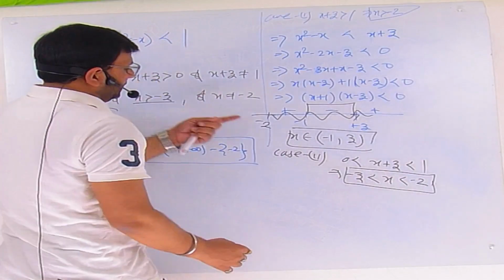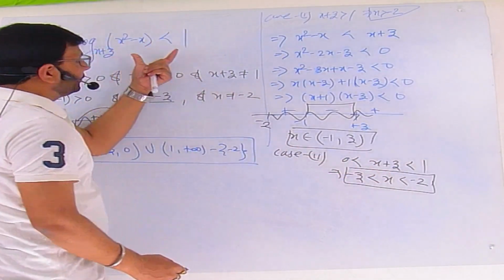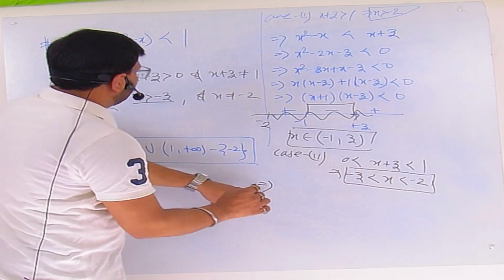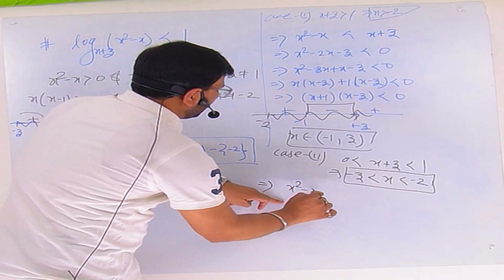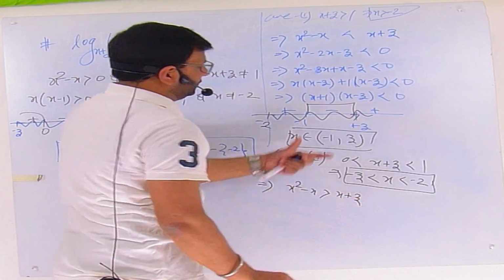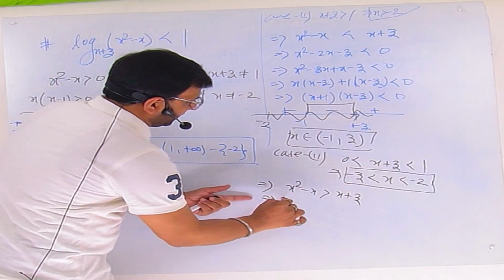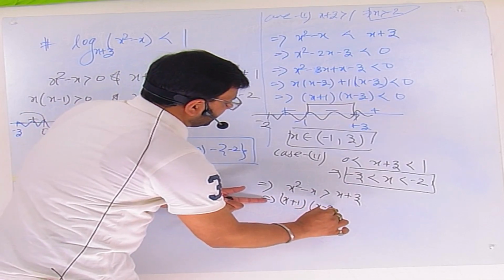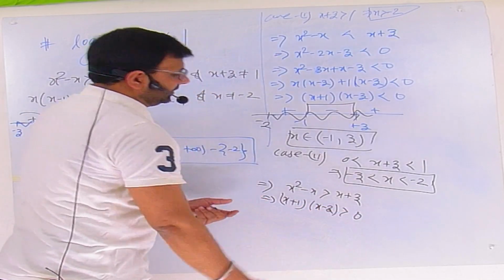Now, the base is less than 1, so the sign of inequality will change. So x square minus x greater than x plus 3. Writing the same expression, x plus 1 into x minus 3 greater than 0.